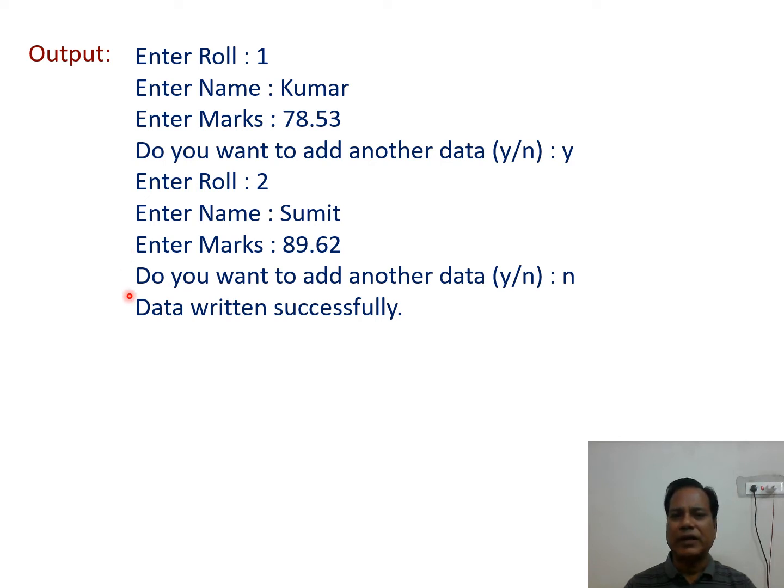After entering that, again it asks do you want to add another data, and if the user enters n, then the condition in the do while statement becomes false and control comes out of the do while statement, and "Data retained successfully" is written by the printf function that follows the do while loop, and in this way we get the output like this one.